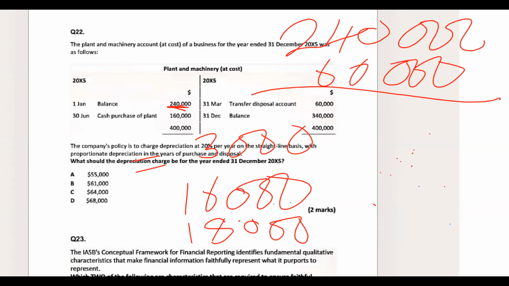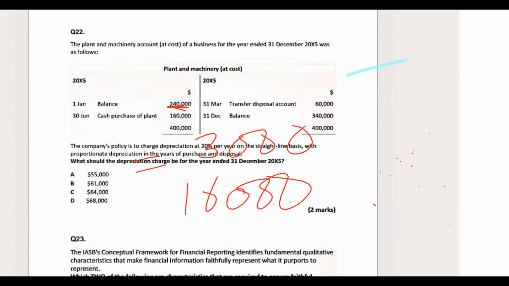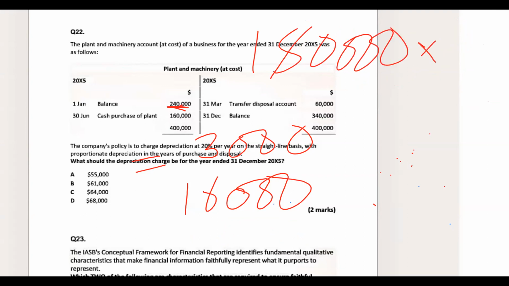Let's try to add them together. Oh, it's 180,000. No, that's not depreciation, that's just the value. So you multiply now by depreciation. 180,000 times what? This is 12 months now, so you just multiply by 0.2. What does it give you? 36,000.